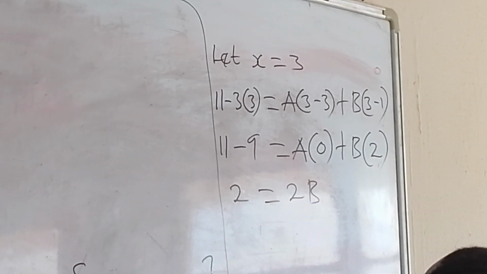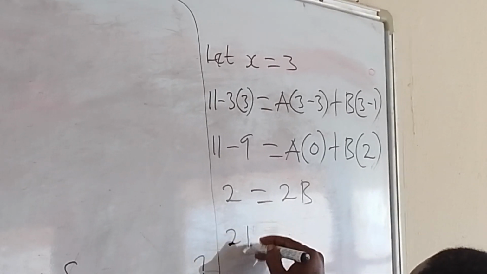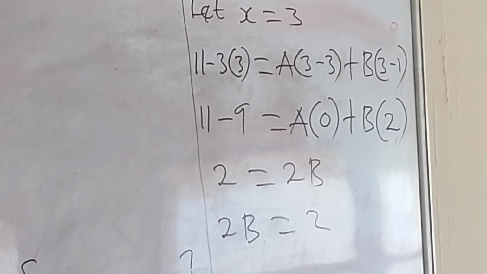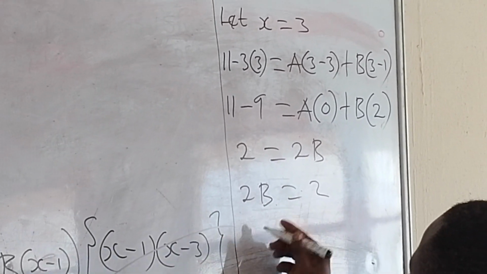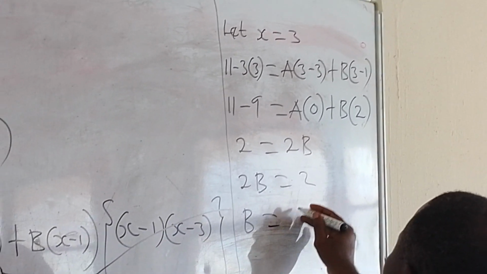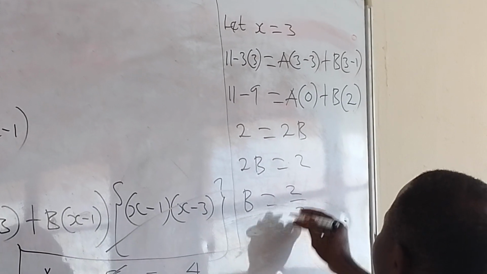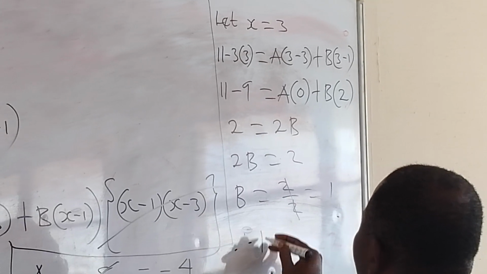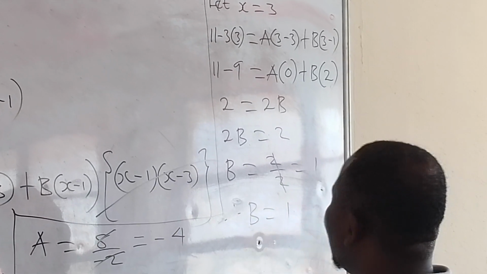So it implies that our 2B is equals to 2. Let us look for B. We have to divide through by 2. This is what we will have: this to this 1, so this is equals to 1. Therefore, our B is equals to 1.